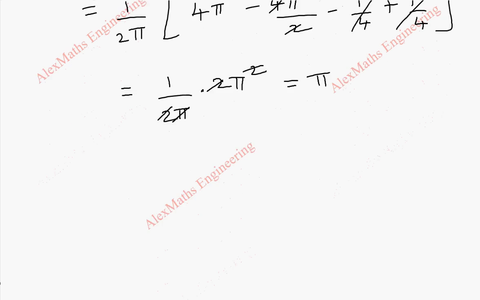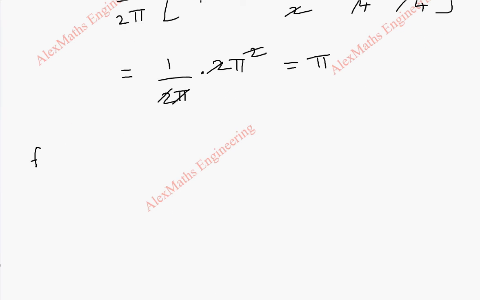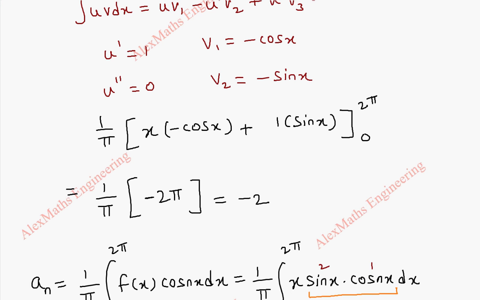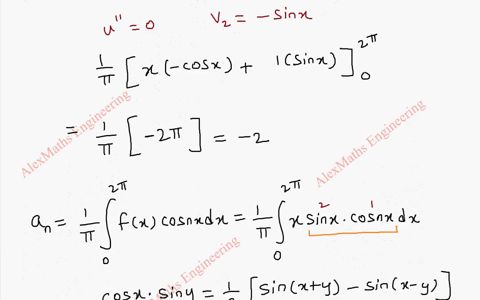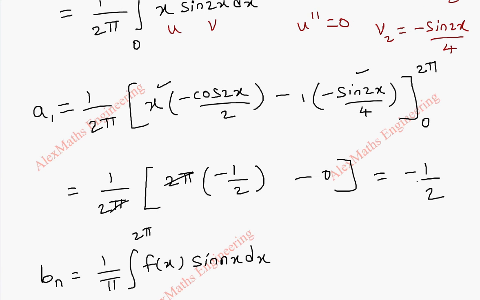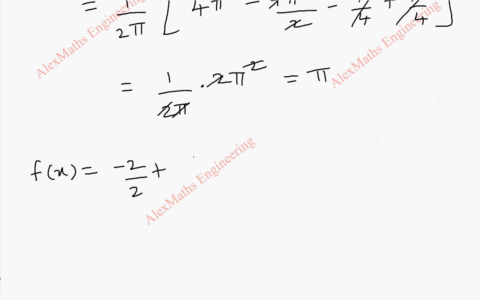Now substituting everything in our formula, f of x equals a naught by 2. What is a naught we got, which was minus 2. So a naught by 2, which is minus 2 by 2, plus a1 we have to write separately. a1 we got as minus 1 by 2. So minus 1 by 2 plus b1 also we have to write separately, which is pi.